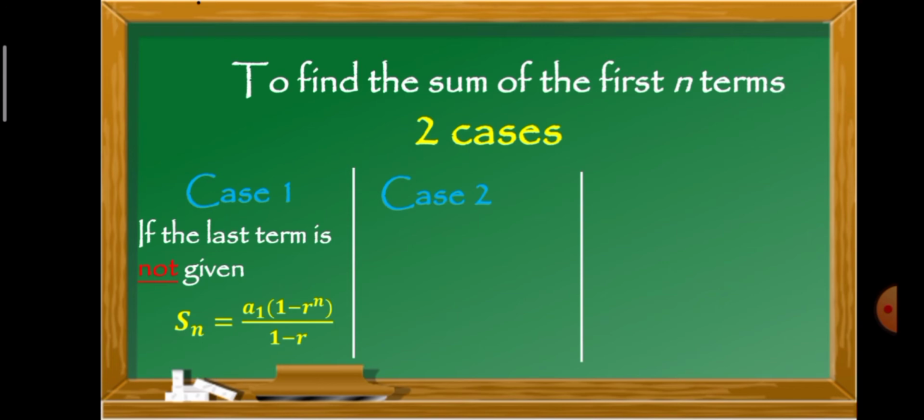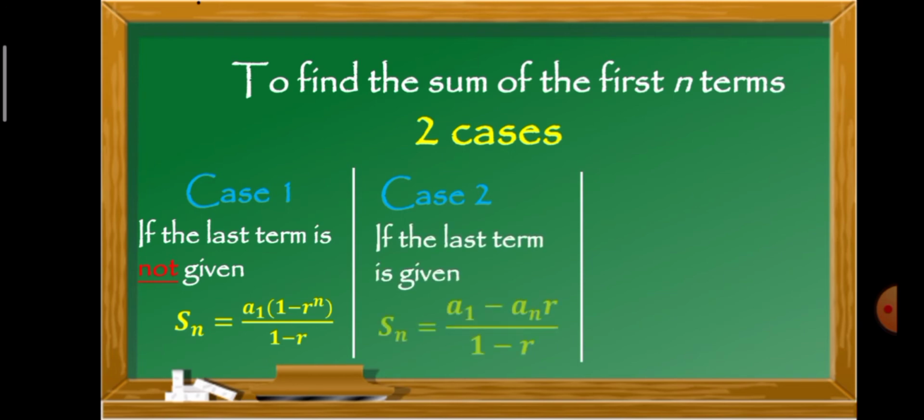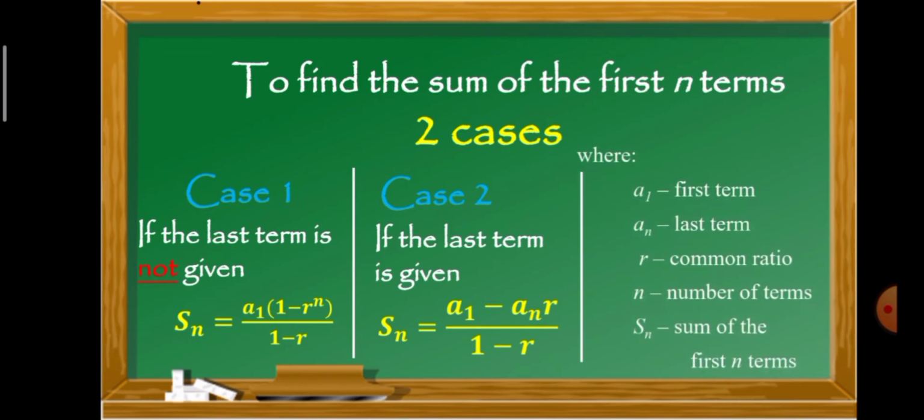Sa case number 2 naman, if the last term is given, ito ang magiging formula natin: S sub n is equal to a sub 1 minus a sub n times r all over 1 minus r. Where a sub 1 is the first term, a sub n is the last term, r is the common ratio, n is the number of terms, and S sub n is the sum of the first n terms.